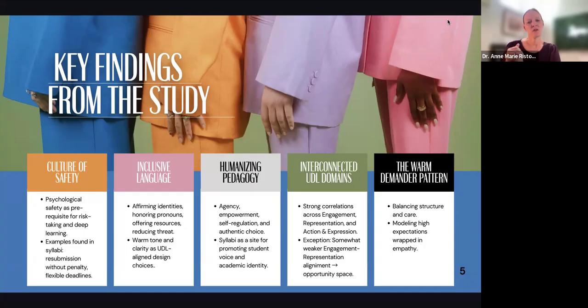And inclusive language, when we looked at that, it was really about affirming identities and honoring pronouns, offering resources, reducing threat so that I could feel like I had a sense of belonging in that course when I looked at that syllabus. The warm tone and clarity as UDL aligned design choices.